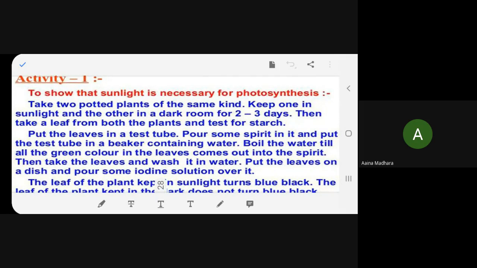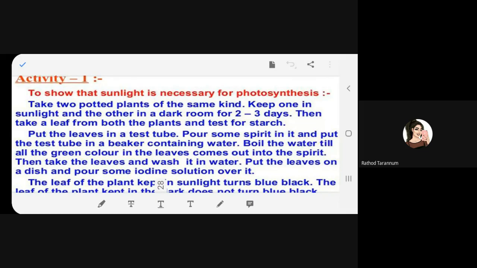Ma'am, can I read? Ma'am, my turn has not come. Whose turn did not come?